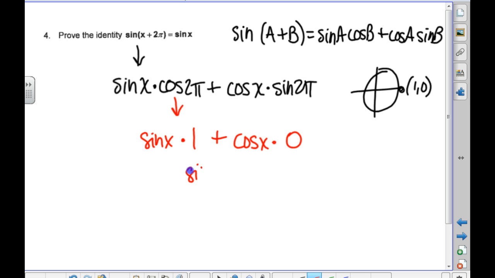So all we're left is the sine of x, because 1 times sine is sine and 0 times cosine is 0. Okay? So as long as you showed all those steps or crossed this out even and wrote 1 and 0, I would be able to follow it and you should be good. Just make sure I can see that you've written out the sum and substituted in the values and shown that it simplifies down to whatever it says here.